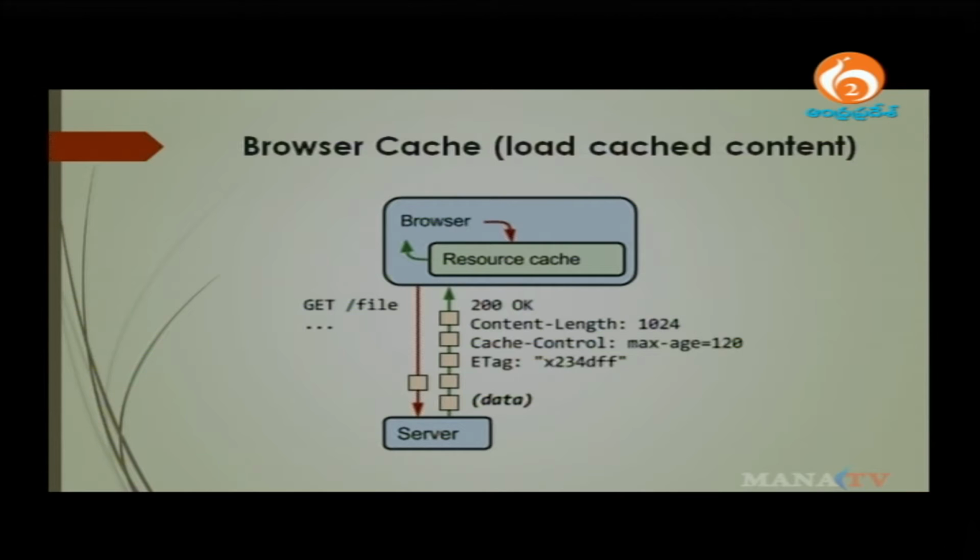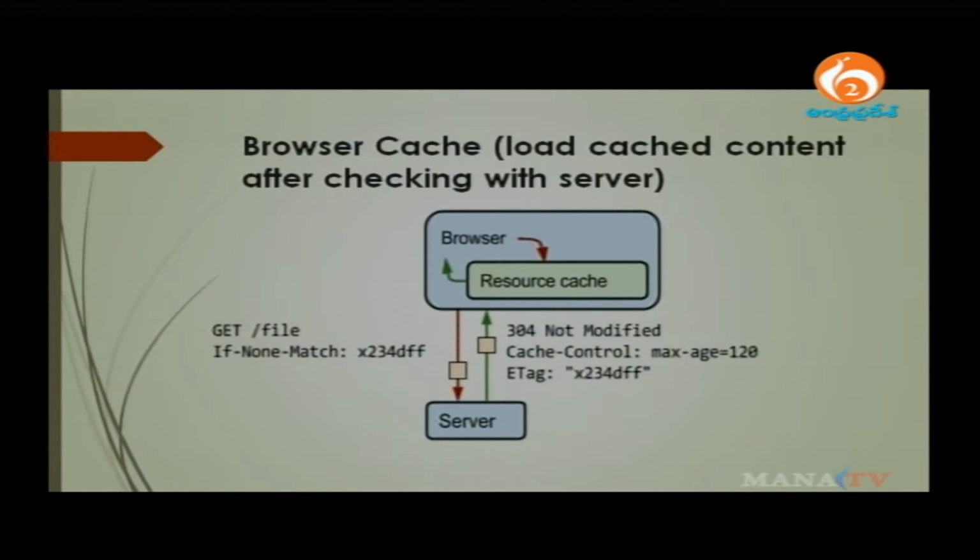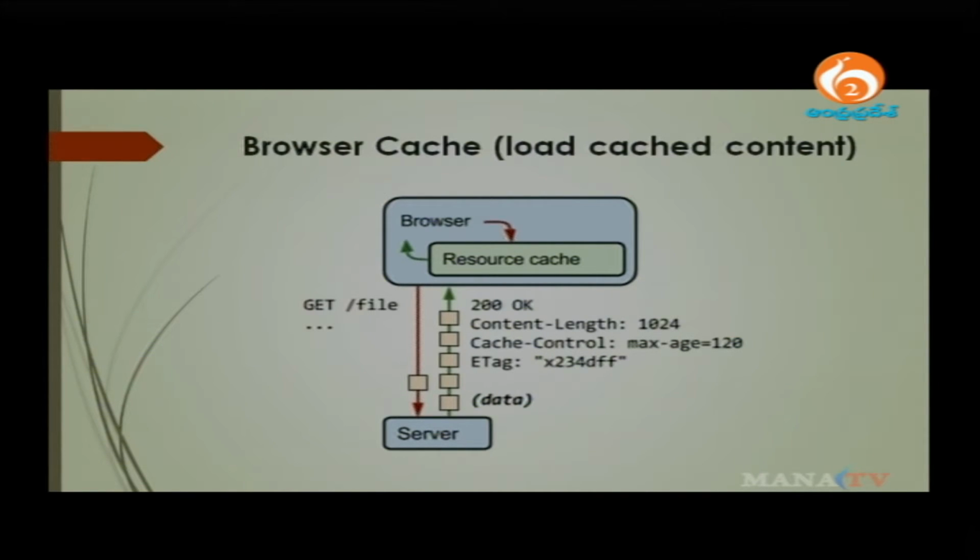Okay. And the browser cache can load the cached content after checking with the server. Here we downloaded and saved in the resource cache. Earlier it was directly asking the resource cache and loading it into the browser, but here it is checking with the server. The resource cache is already available, and before loading it, the browser will say: GET this particular file, if none match x234dff.